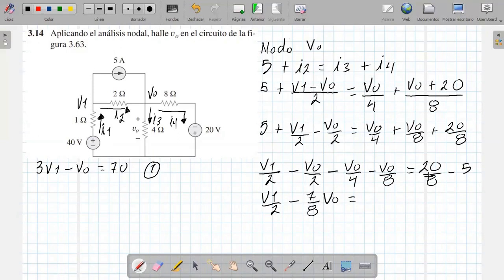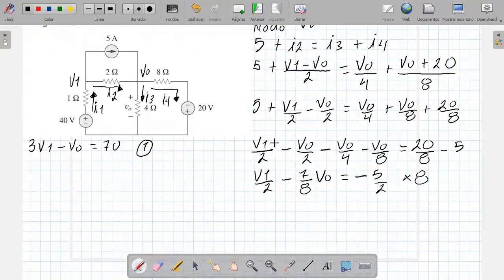I'm going to multiply by 8, and it's going to look like this: 4 V1 minus 7 V sub 0 equal to 20 minus 40, which is minus 20. This would be my equation 2, 4 V1 minus 7 V sub 0 equal to minus 20.